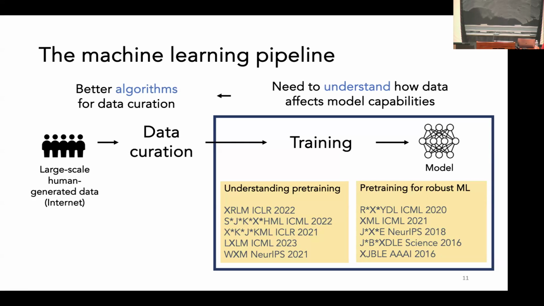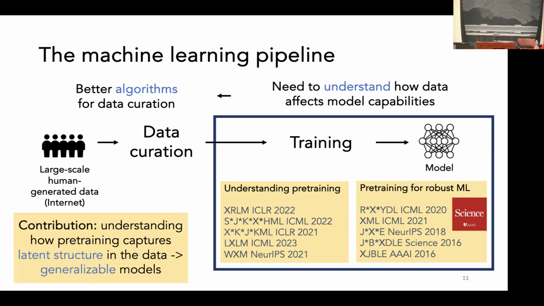And I've worked on settings such as domain adaptation, out-of-distribution generalization, and adversarial robustness with some applications to poverty mapping in remote sensing, which have appeared in the journal Science. And our broad contribution here is in understanding how pre-training can help the model capture the latent structure in the data, and how that leads to more generalizable models that are more robust and accurate.